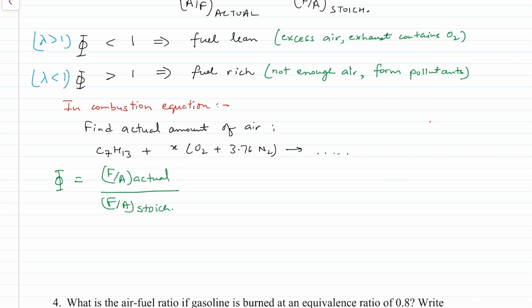divided by F over A stoichiometric, or as we said, A over F stoichiometric divided by A over F actual.